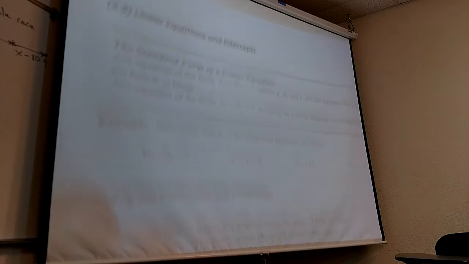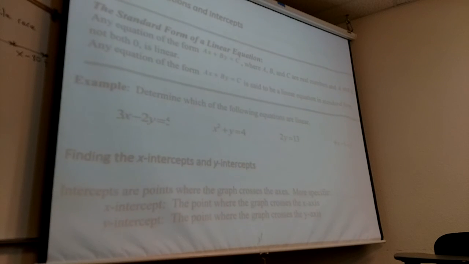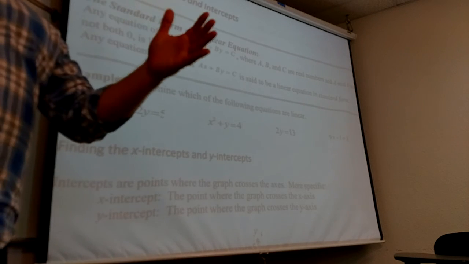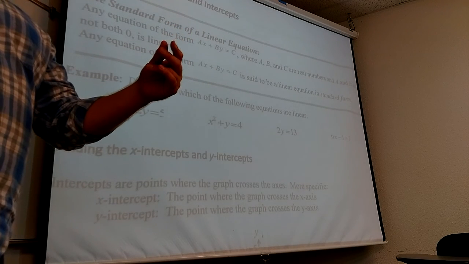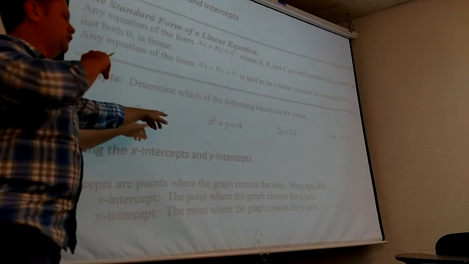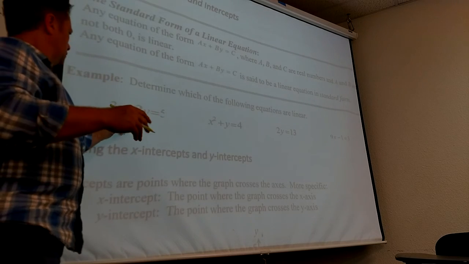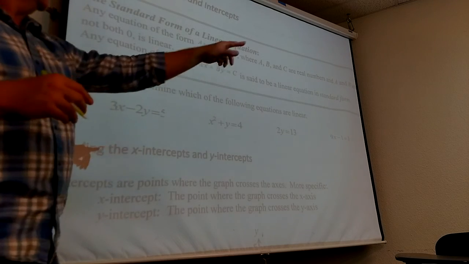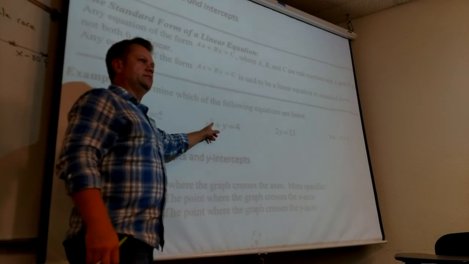Okay, so look at this one, page 20. Remember what I said about what does it take for the equation to represent a line? All the powers on my variables have to be to the first power. So which one of these is not linear? Yeah, because it's got a squared.